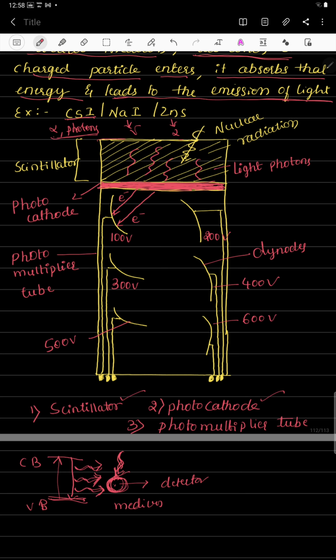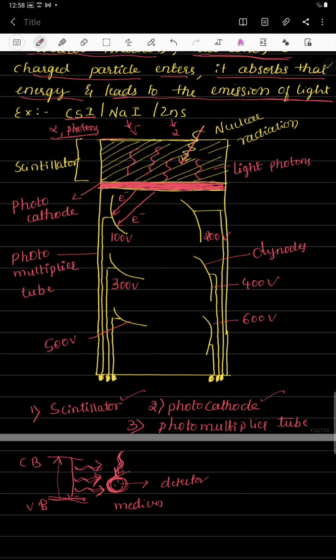In the scintillator we have the scintillating material, which may be cesium iodide, sodium iodide or zinc sulfide. Depending on the type of nuclear radiation, we change the medium present in the scintillator.